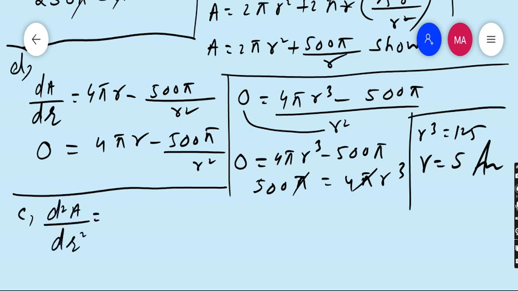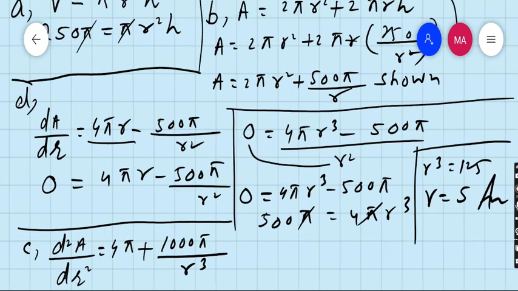The derivative of 4 pi r is 4 pi, and the derivative of minus 500 pi upon r square is plus 1000 pi upon r cube. This is the second derivative: 4 pi plus 1000 pi upon r cube. So we have done part C and part D as well.